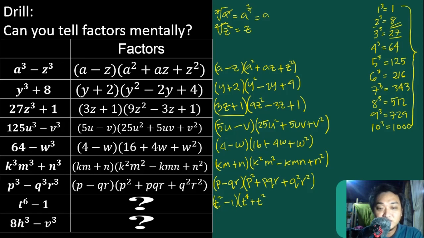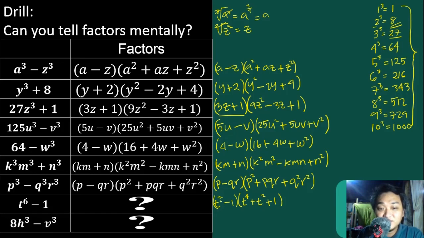Bakit t squared na lang? Kasi t squared times 1 is t squared. Bakit plus? Kasi minus dun sa binomial. And the rest are plus. Times, what will be the square of 1? That is 1. But wait, there's more.